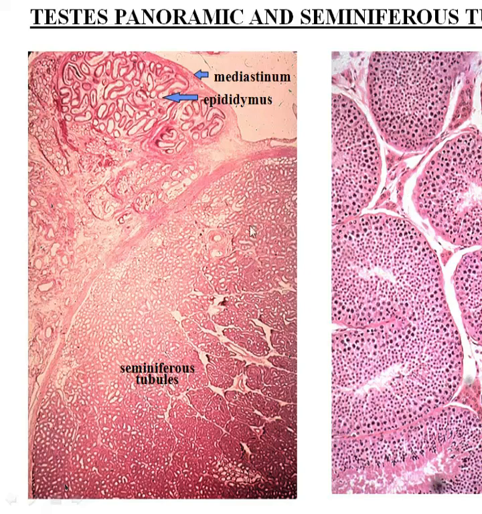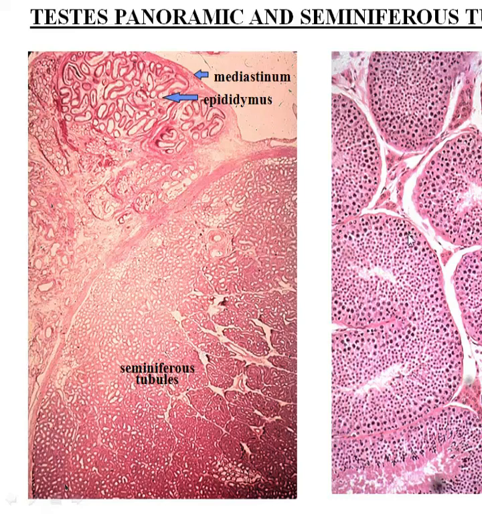Here again in this low magnification view you see the seminiferous tubules. All these round structures are seminiferous tubules, and some part of the epididymis and mediastinum has been sectioned in this slide, so it is visible here.